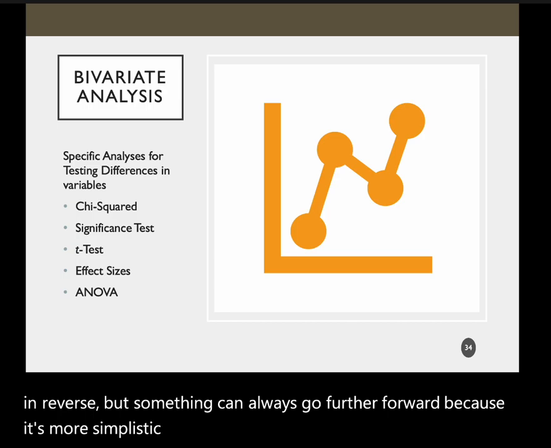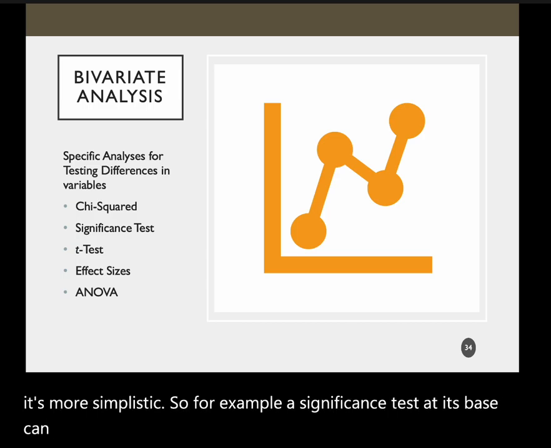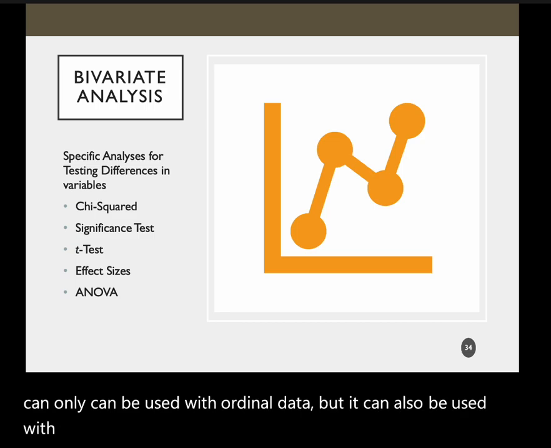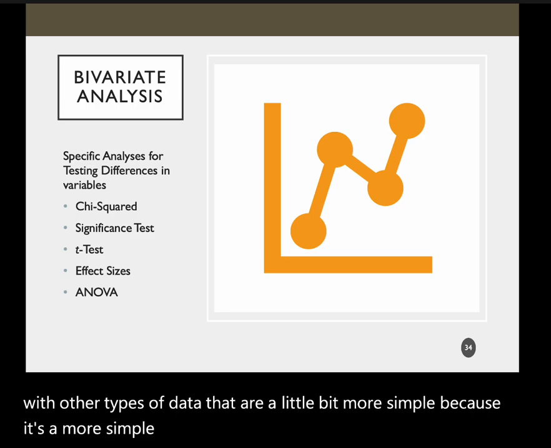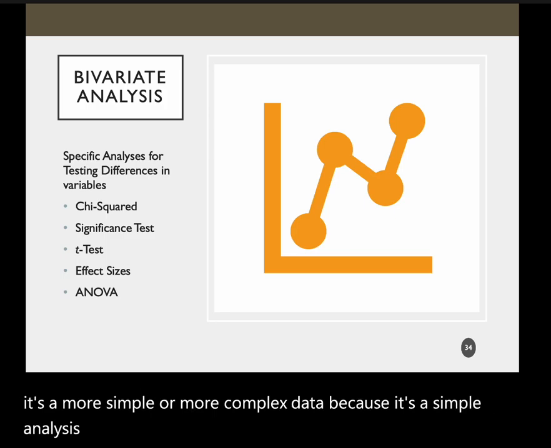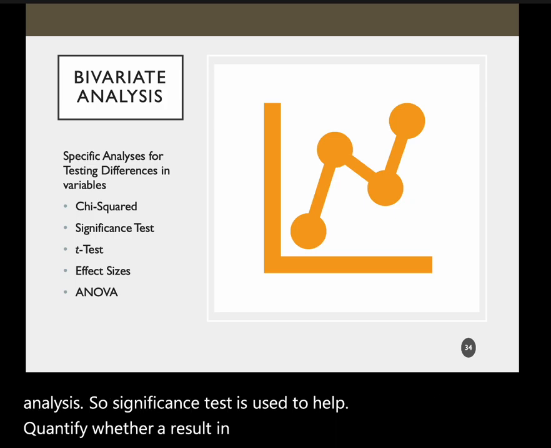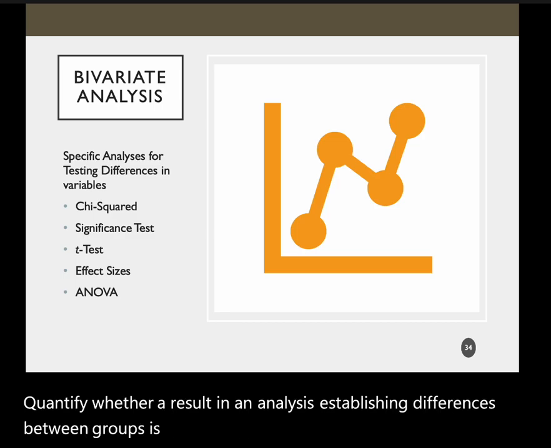So, for example, a significance test at its base can be used with ordinal data, but it can also be used with other types of data, because it's a simple analysis. So a significance test is used to help quantify whether a result in an analysis establishing differences between groups is likely due to chance or some factor of interest.